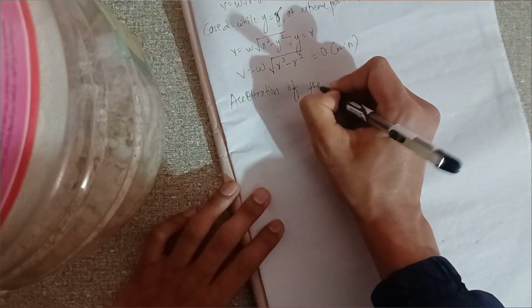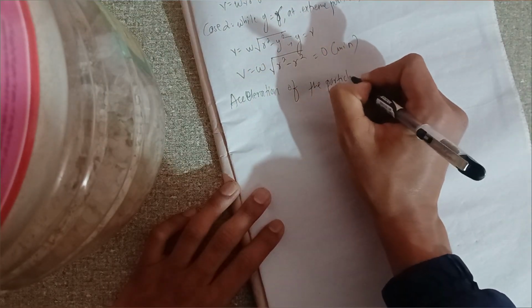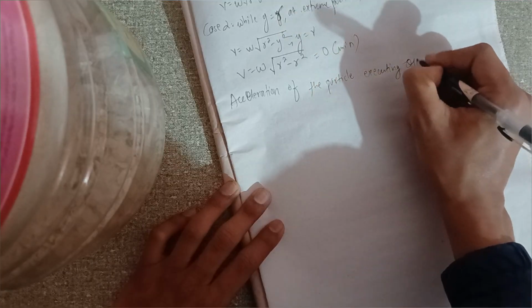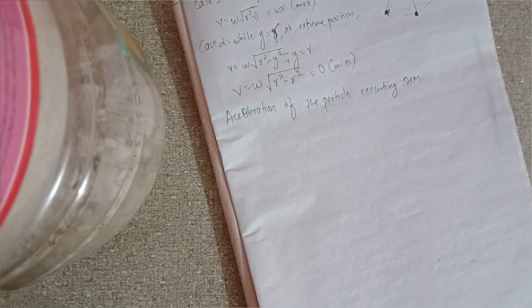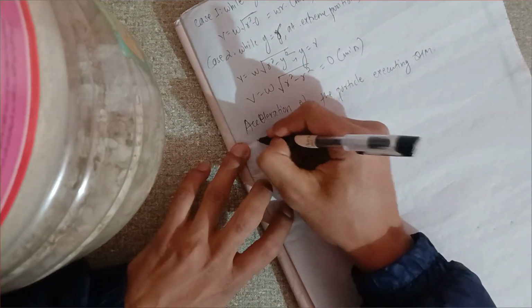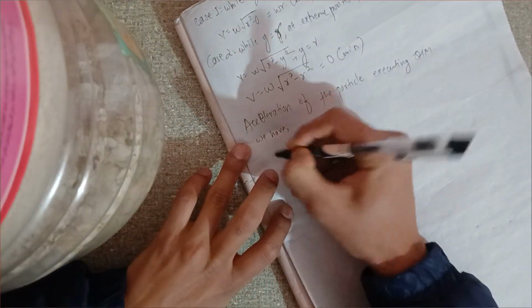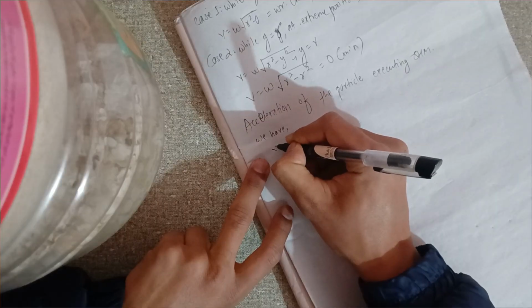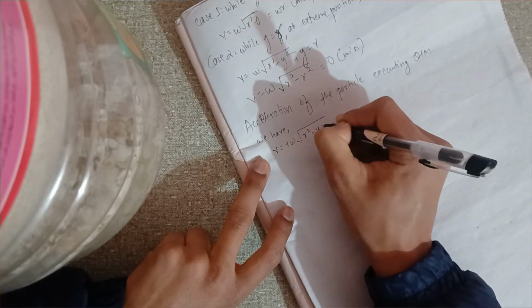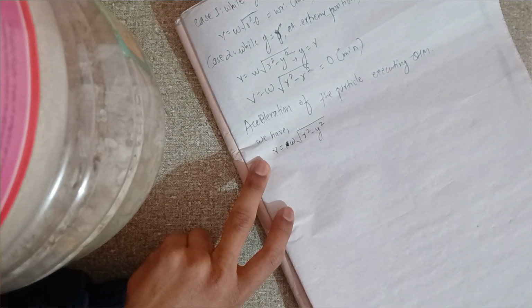Acceleration of the particle executing SHM. What we have is velocity v is r omega under root r square minus y square.